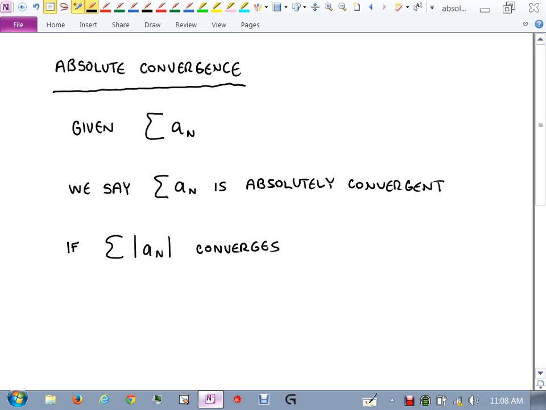So what you do to see if a series is absolutely convergent is you take the sequence, the definition a sub n, you take its absolute value, and then you look at that series. If that series converges, then you can say that this one up here is absolutely convergent.